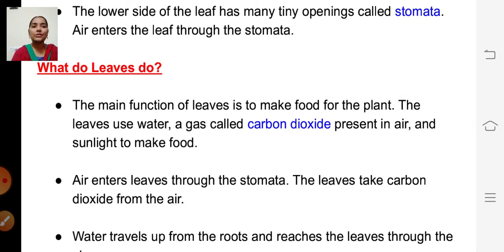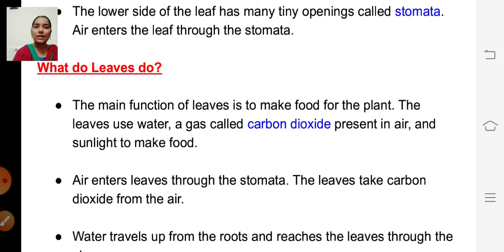The main function of leaves is to make food for the plant. The leaves use water, a gas called carbon dioxide present in air, and sunlight to make food. Air enters leaves through the stomata.